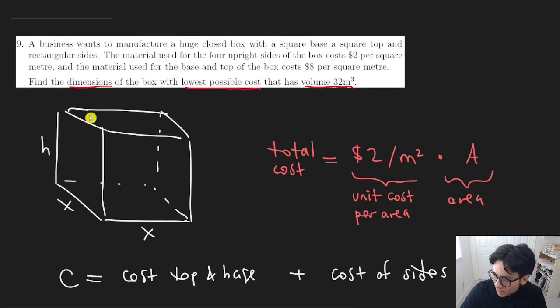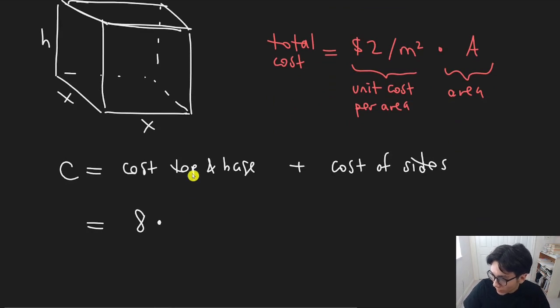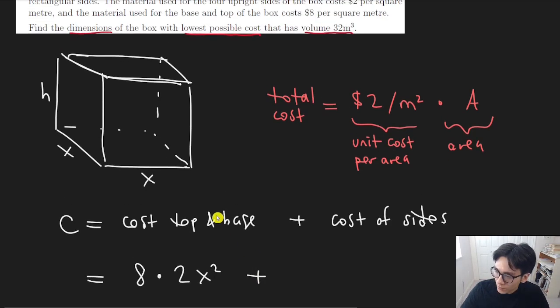Well, for example, the top. We have side length x and side length x. That means the area is x squared. Similarly, the base is also x times x. So in other words, the total area of the top and base is going to be 2x squared. For the sides, for example, let's say this side, it would be x times h.